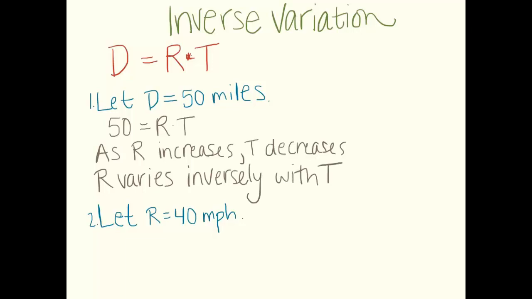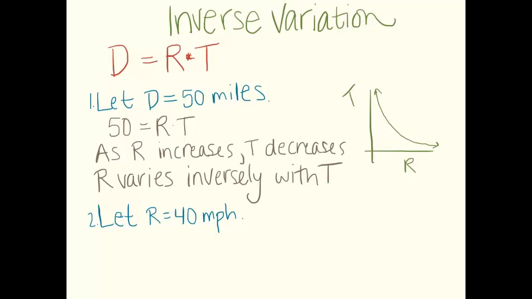If I wanted to create a graph of that scenario, let's say I'm talking about R and T, so let's say R is on our x-axis and T is on our y-axis. As R is growing, T is shrinking. So our picture might look something like that. We're going to investigate more aspects of that graph in class, but there's a quick picture to show you what's going on.